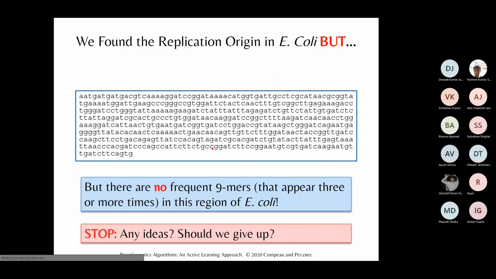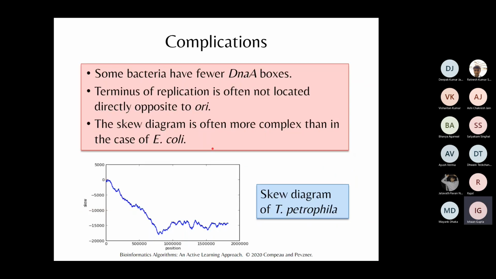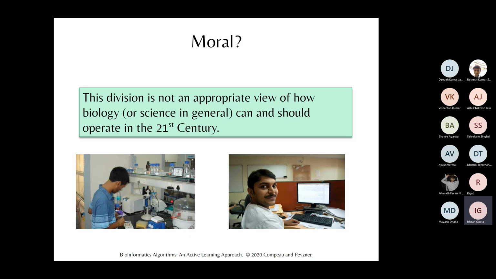But when you look at other genomes, this is not always the case. If we go back to this Thermotoga petrophila, here you do see a low point, which is where you have the ori, but there is no particularly high point of the GC bias.